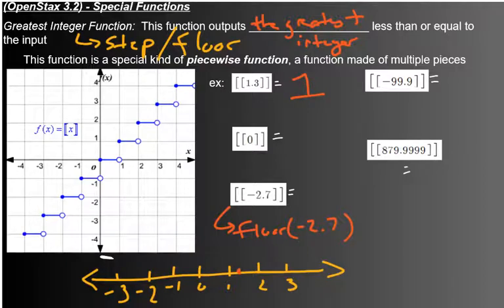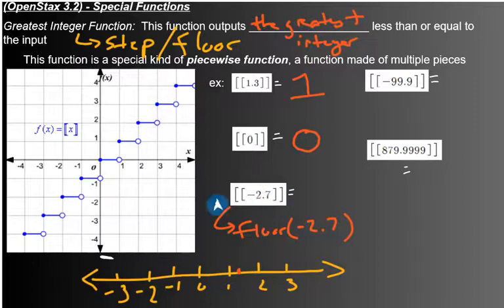Basically, it's like a round down function. It just takes this, chops off the decimal, and rounds you down to 1. If you were at an integer like 0, you're always going to get 0 back out. So if you're at 1, you get 1. If you're at 2, you get 2. If you're at 3, you get 3. If you're at 0, you get 0.